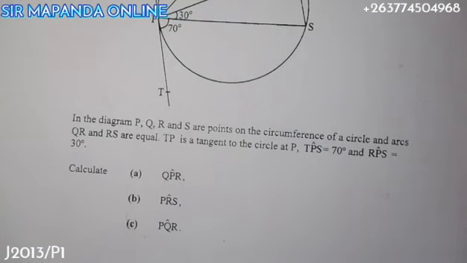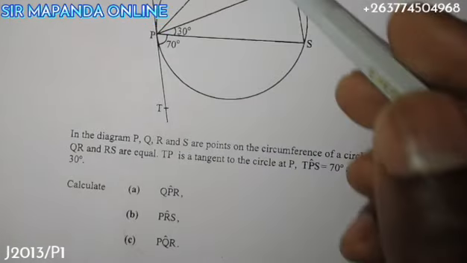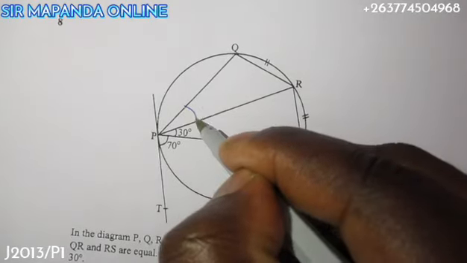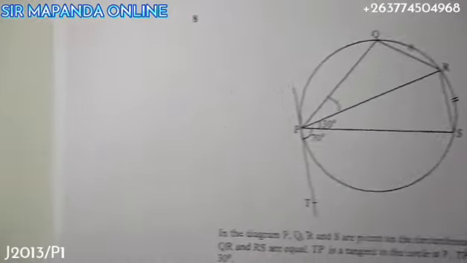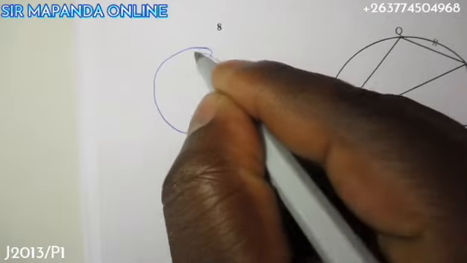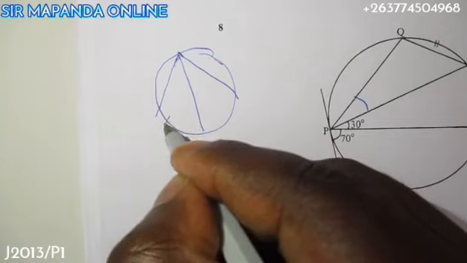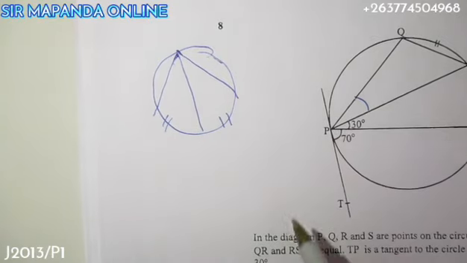Here comes the first question. Calculate angle QPR. So where is Q? This is Q, right? PR. They want you to calculate this angle. Right, so there is a theorem which says angles subtended by equal arcs or equal chords are equal.